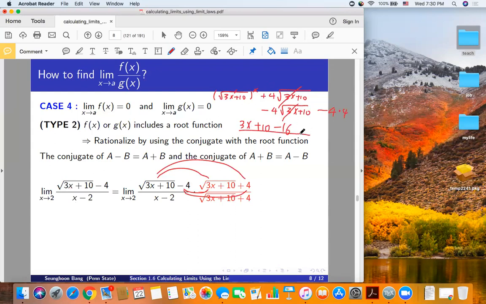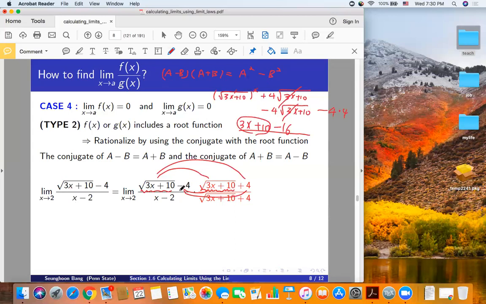So we have it. Another way is you can use this rule. Do you know this one? What is a minus b times a plus b? We have a squared minus b squared. So the square root of 3x plus 10 times the square root of 3x plus 10 gives 3x plus 10.